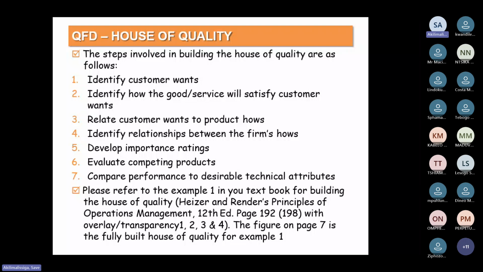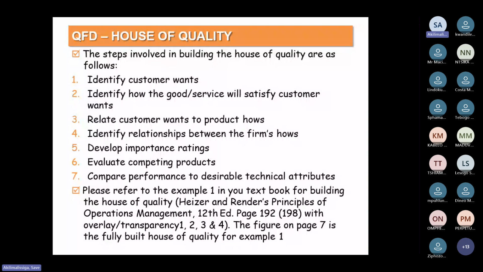And that is what is going to give you information or insight about customer wants.